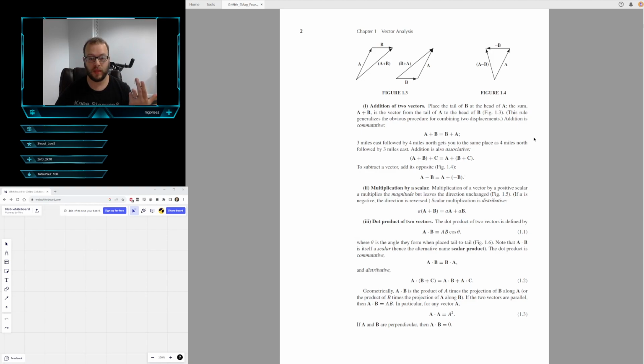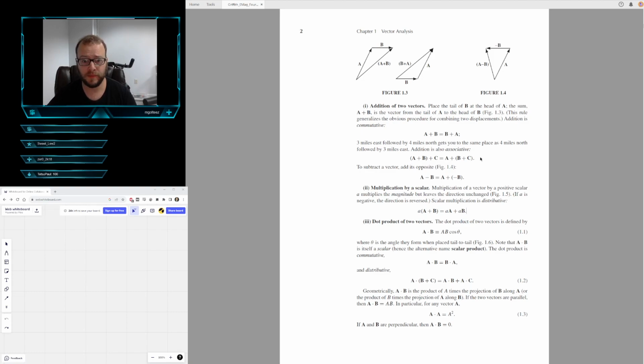So the multiplication by a scalar is also distributive. You can see that a scalar times A plus B is equal to the scalar times A plus the scalar times B. And we can go over proofs of these as we define terms, and in some of the homework problems.